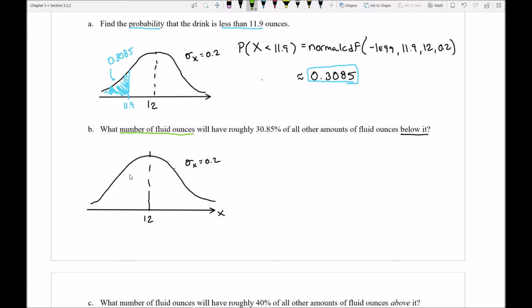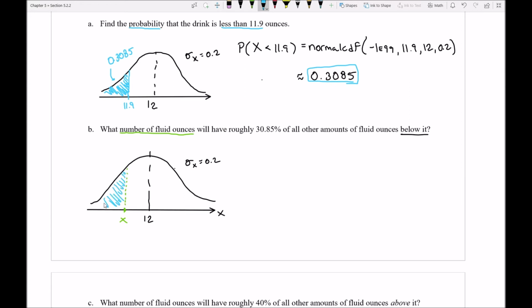Well, doesn't that mean my X value has to be somewhere over here on the left side of 12? So that when I shade below it, I get some value that might be 30.85%. Obviously, I couldn't select my value of X to be on the right side of 12 because then when I shade below it, I'm going to shade more than half of the space. I would get something over 50%. So I'm going to need some space down here.